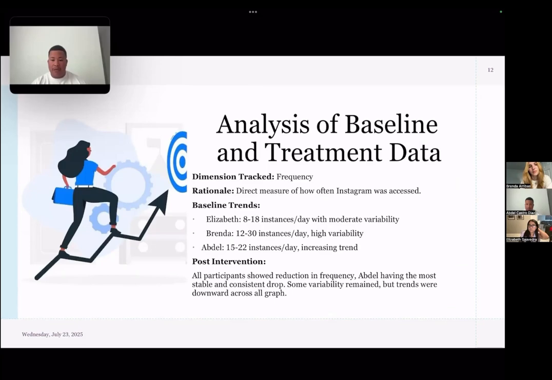Brenda did it from 12 to 30 times during the day. And I did it between 15 and 22 times during the day. All the participants showed a reduction in frequency, me having the most stable, consistent drop. The trends now are going downward.